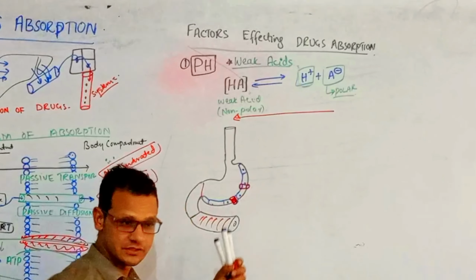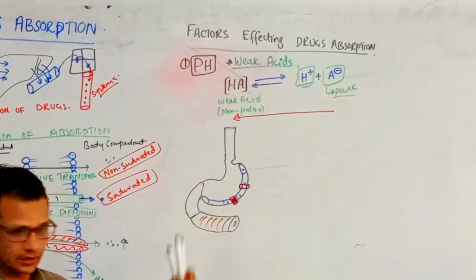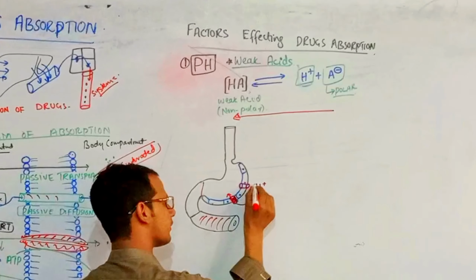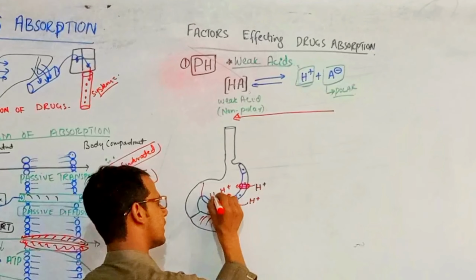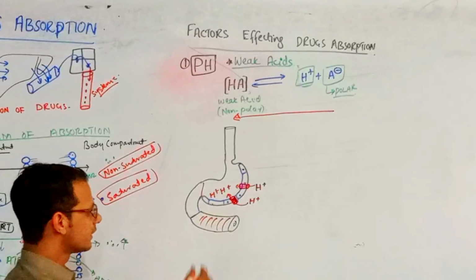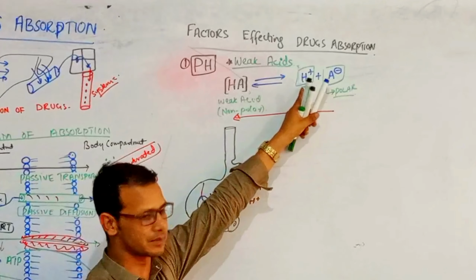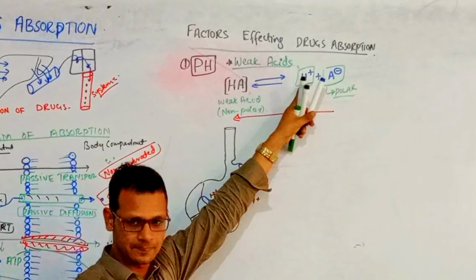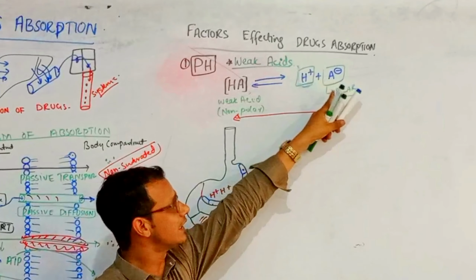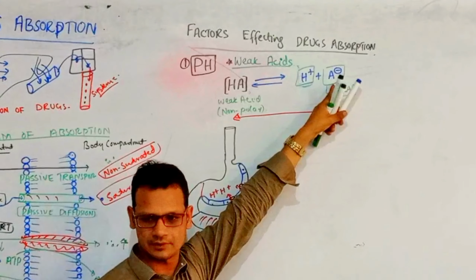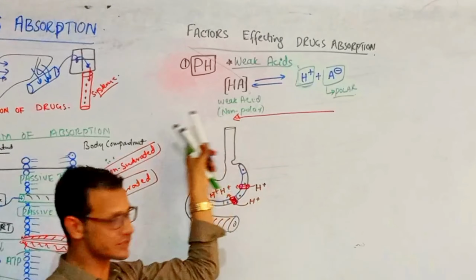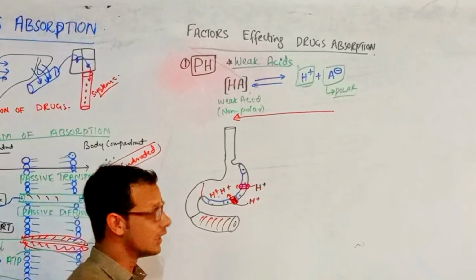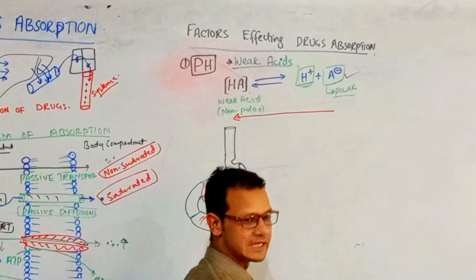Hydrogen ion, because the stomach is very acidic. It will take hydrogen ions from extracellular fluids. It means that in the stomach this hydrogen ion is already present. What is needed is that we will give the drug in this form. If we want to shift this reaction in the reverse direction, since the hydrogen ion is already present in the stomach, we will give the drug in this form.